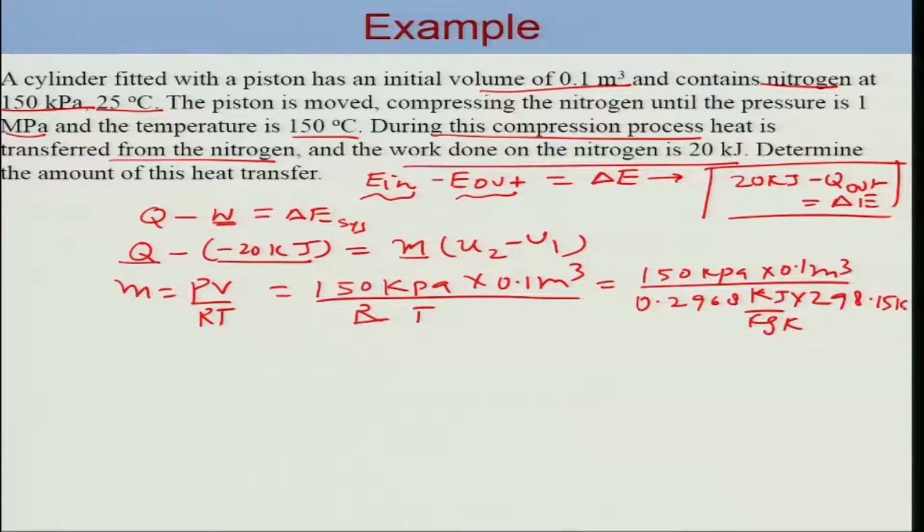This is the R value from the table, and based on that the value comes out to be 0.1695 kg. So mass we know.